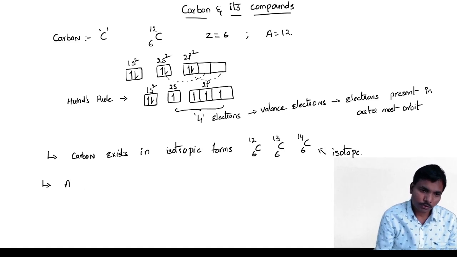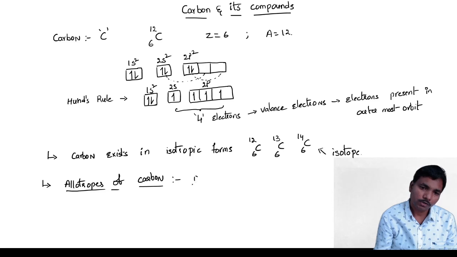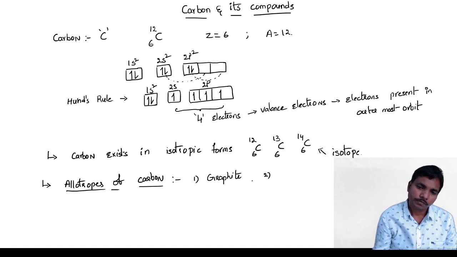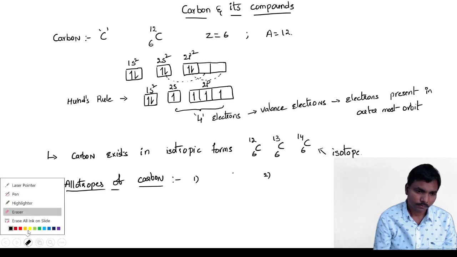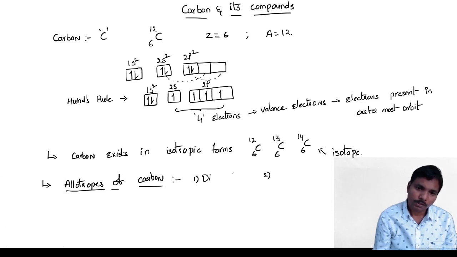Coming to the allotropes of carbon, we have diamond, graphite, and the third one, C60.